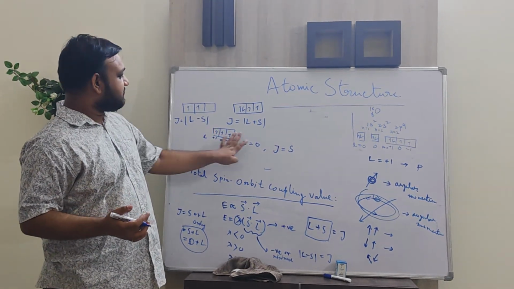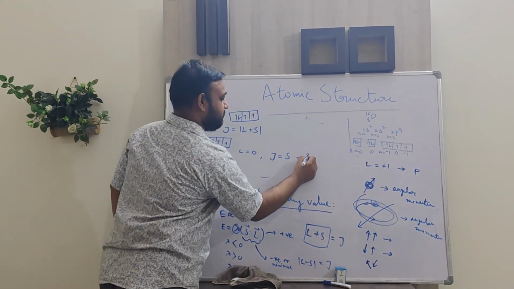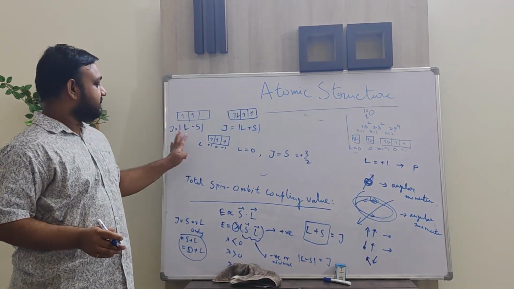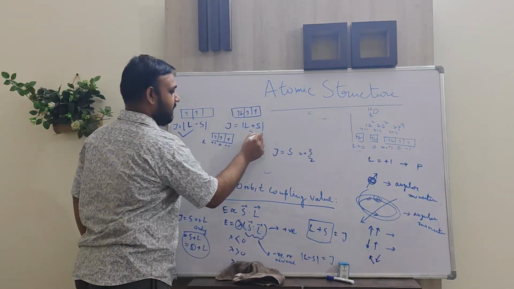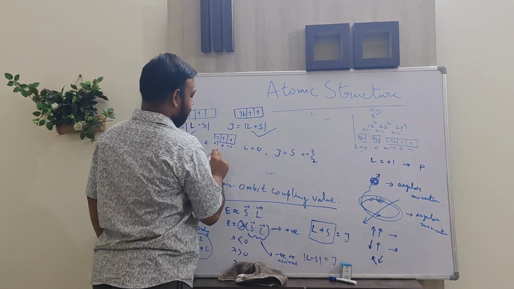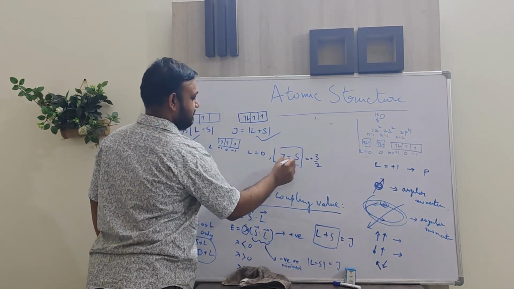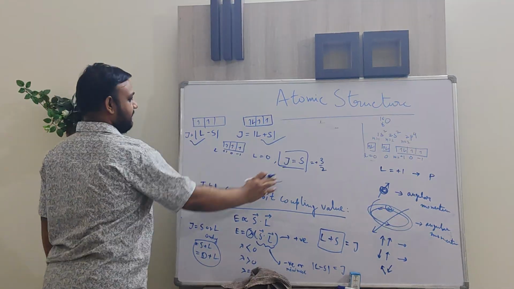And what is the spin value here? If plus half, plus half, plus half, so plus 3 by 2. So for this specific example, for less than half filled we will use this formula, for more than half filled we will use this formula, and for perfectly half filled J is equal to S. Here for the specific example of p we are getting 3 by 2.